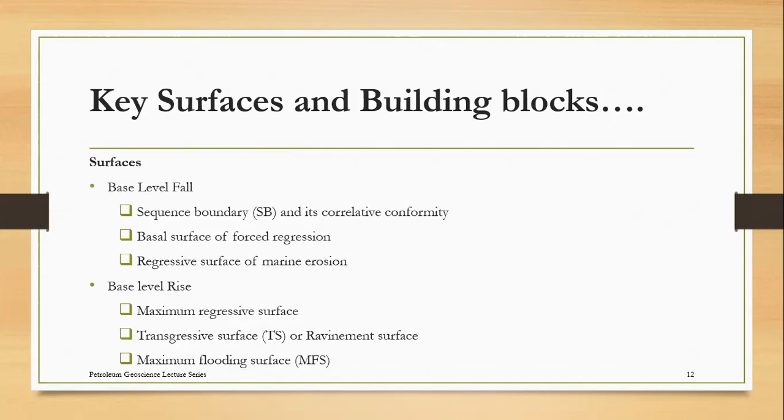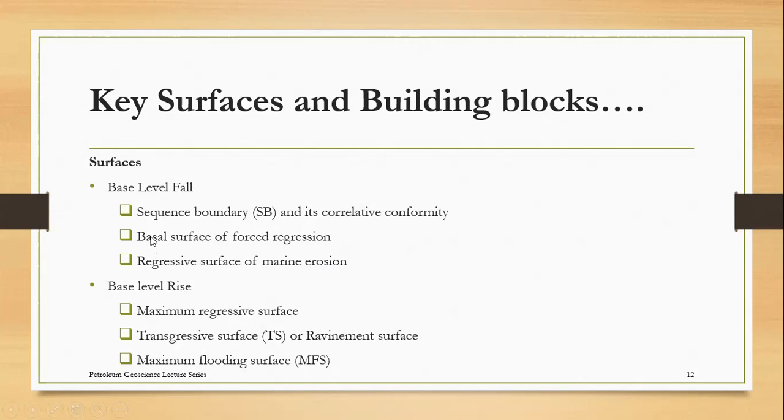By way of trying to understand the surfaces and building blocks of sequence stratigraphy, I already discussed that there is a time when the sea level is falling, and there is also a time when the sea level is rising. Base level fall and base level rise here mean the same thing as sea level fall and rise, right? So when the base level is falling, you're definitely going to have surfaces like your sequence boundary and its correlative conformity. Remember, I'm going to explain this.